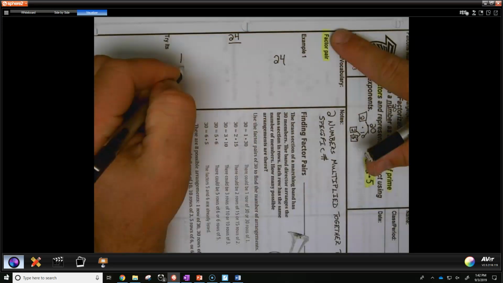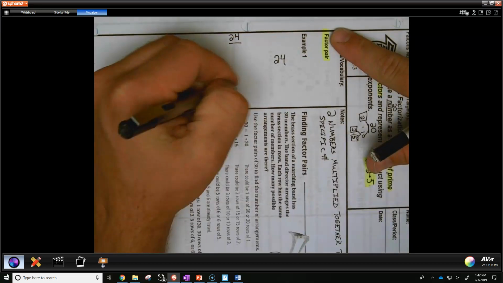I leave a big space in there, and I connect them with this little loopy line. So it makes a rainbow that's upside down. So I have 1 times 24.